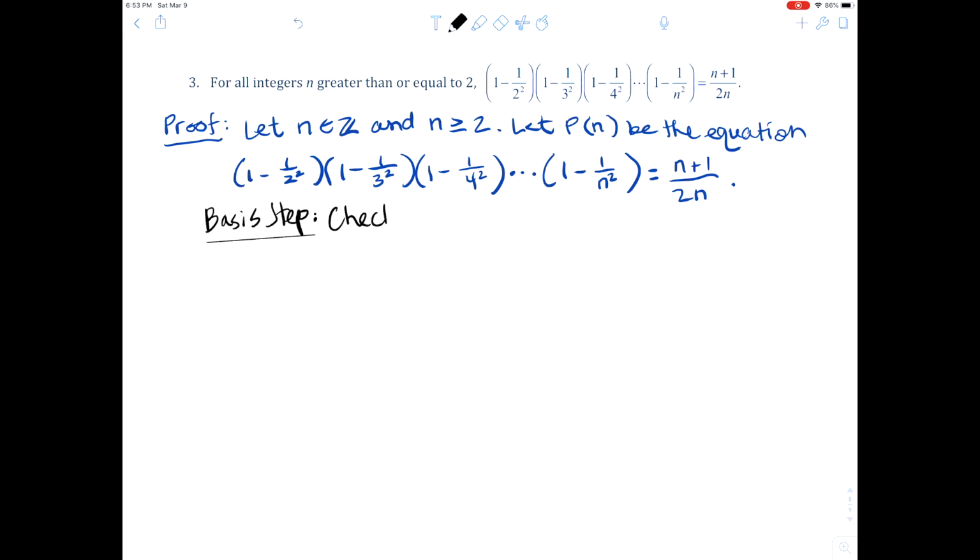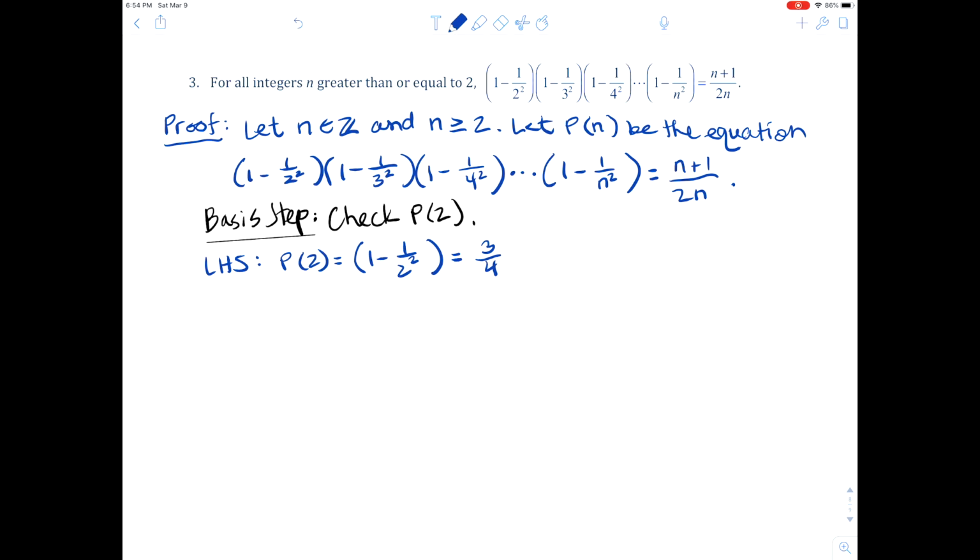And be careful, we're starting at n equal to 2, right? So we're going to check P(2). For our left-hand side, P(2) equals 1 minus 1 over 2 squared, which is, beautiful, 1 minus a quarter, which is 3/4.